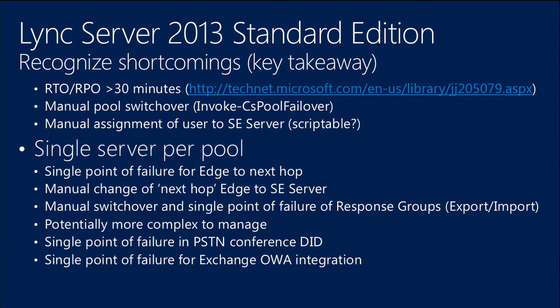If you remember on the slide prior, response groups, CAC, and QoE are the 3 services that we don't have automatic failover for. We say potentially more complex to manage, primarily just because there are additional pools, there are other namespaces, there are decision points on how to carve out how your users get provisioned, but then that's balanced by not having to administer SQL in the environment, not having to administer hardware load balancers, and not having to worry about things like quorum or Windows Fabric that become associated with the concept of Enterprise Edition pools.